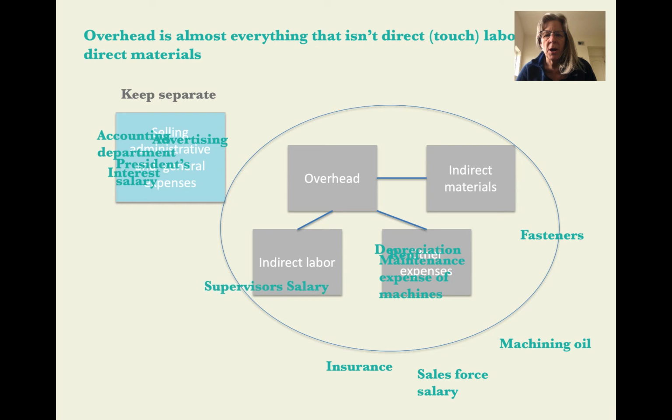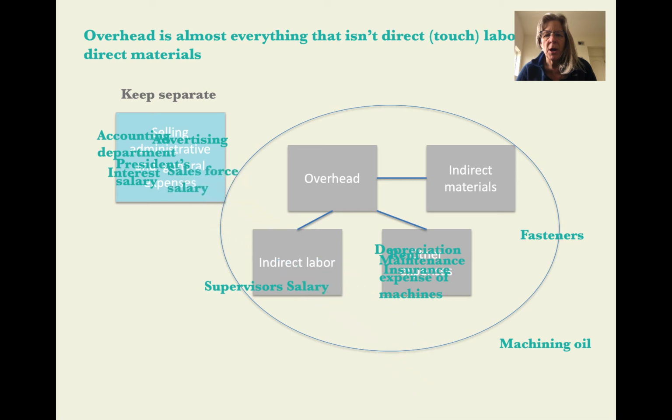Supervisor's salary, so that's different than the president's salary, because the supervisor is somebody who's actually taking care of the management of the employees who are actually making the product. So you can see we've put this in the indirect labor. So this is labor, but it's indirect. Insurance, this has to do with the type of manufacturing you're doing. So it's included in this other expense category that's part of overhead.